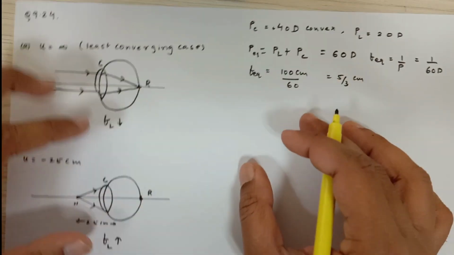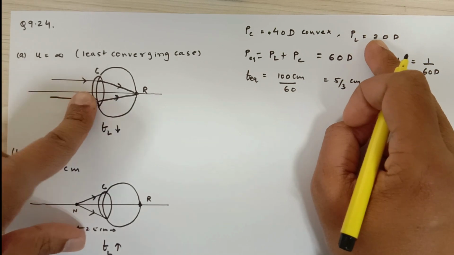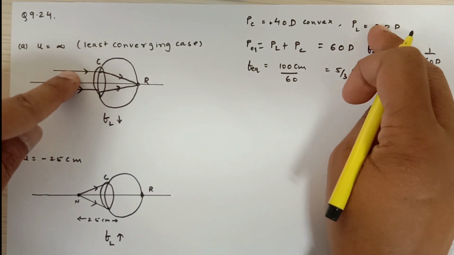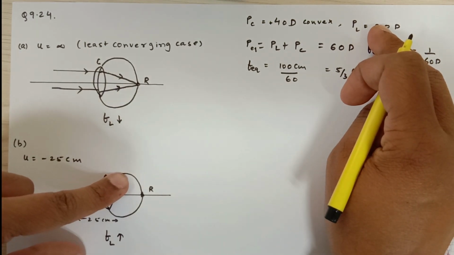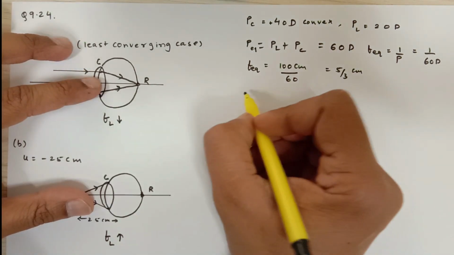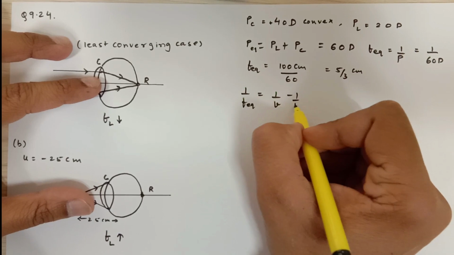So now let's apply that concept over here. I am given the power of the lens and the power of the cornea, and this is given for the least converging case, so please don't use it in the other case, otherwise your answer would be wrong, because I have explained why to use it in this condition. Now 1 upon f equivalent is equal to 1 upon v minus 1 upon u.